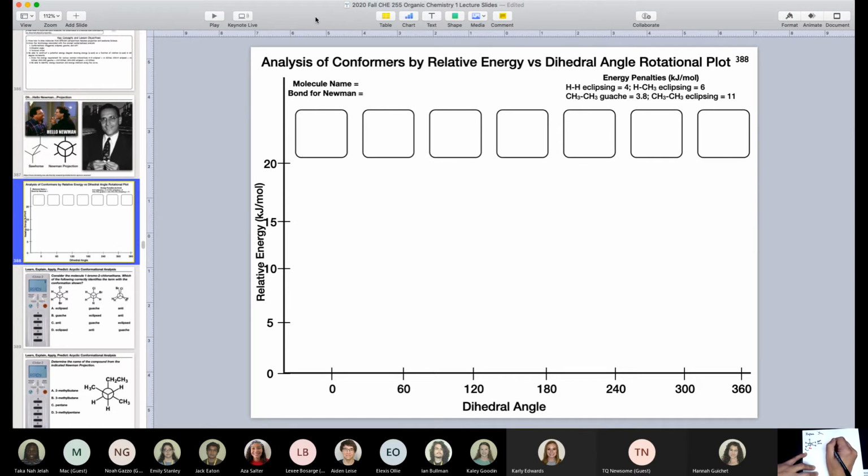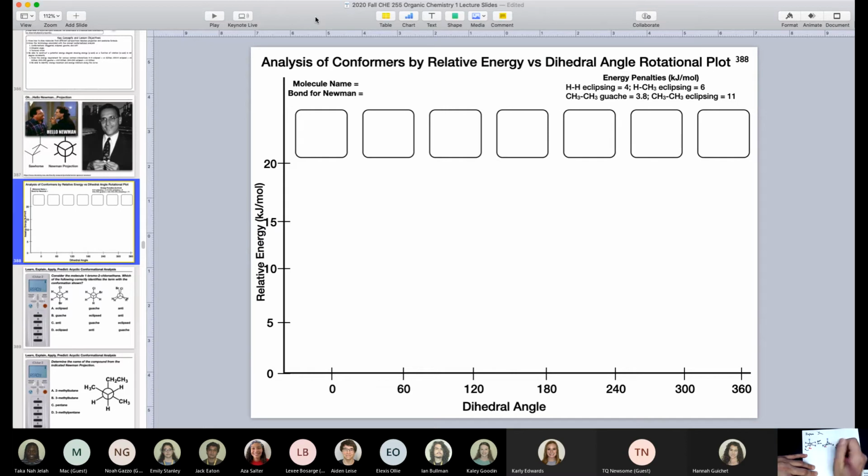So when we do that, so H, we're going from staggered to eclipsed. It's always a little bit hard to draw the eclipse because you can't draw exactly on top of one another.